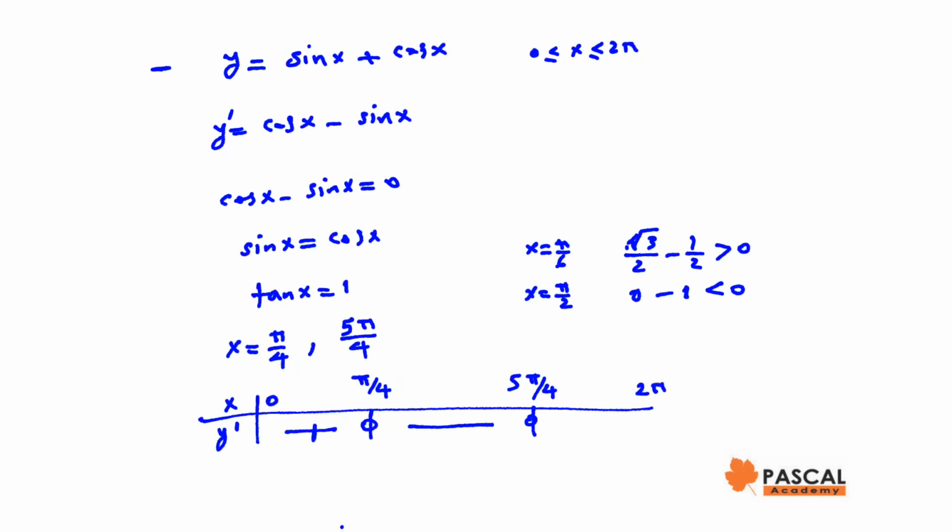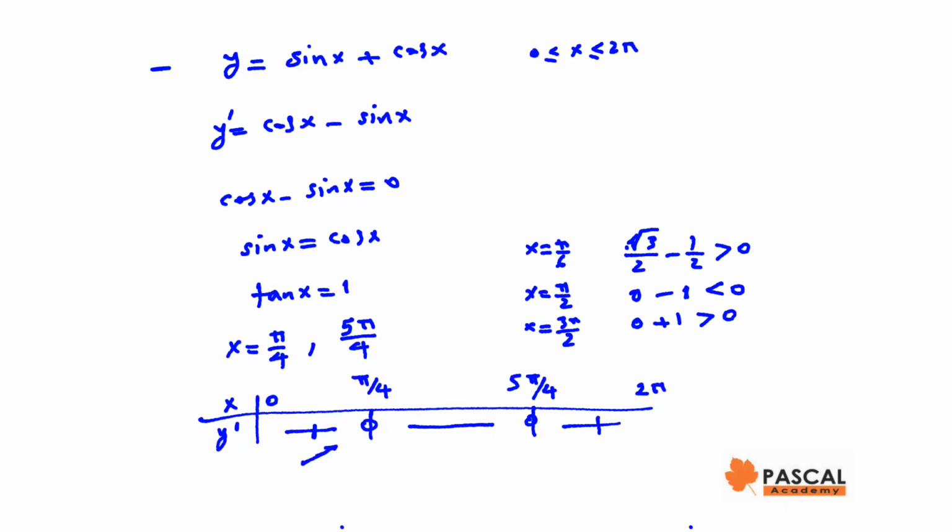If we choose a number between 5 pi over 4 and 2 pi, let's say 3 pi over 2, we see the derivative is positive. Cosine of 3 pi over 2 is 0, and sine of 3 pi over 2 is negative, so the derivative is positive. Therefore, for x between 0 and pi over 4, the given function is increasing.